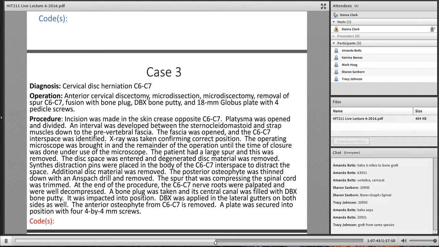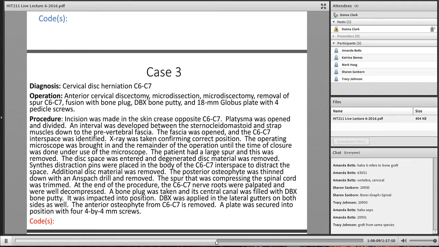They did not talk about removing a bone plug from the individual themselves. So it just said fusion with bone plug, but they did not graft the bone from that person's bone. They had the bone plug and placed it into this patient, which would make it an allograft.